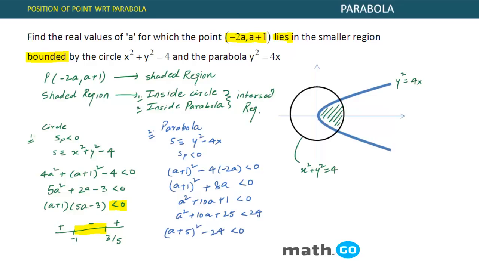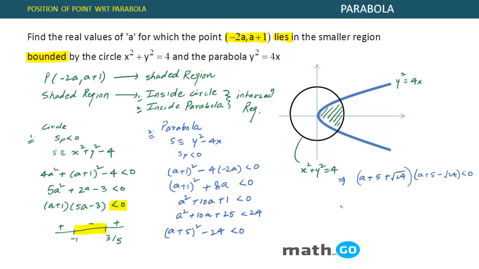This is how you solve inequalities, right? So this becomes (a plus 5 plus root 24) into (a plus 5 minus root 24) less than 0, right? This is how you solve.